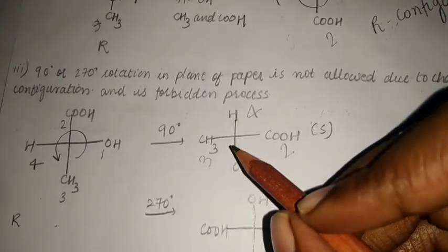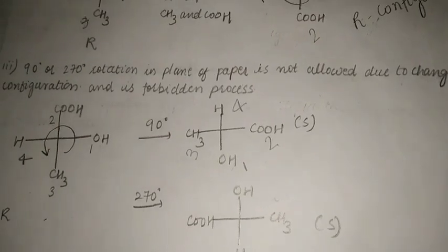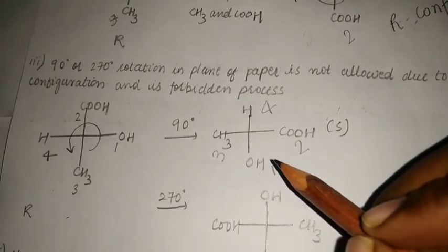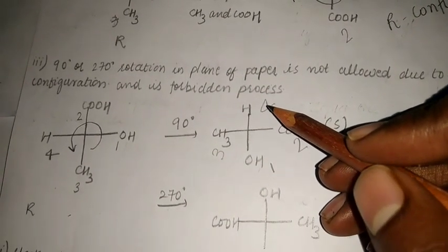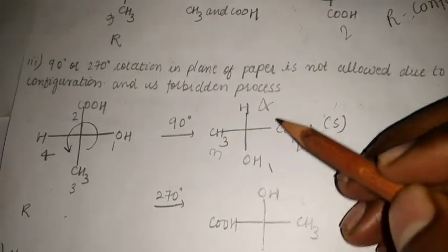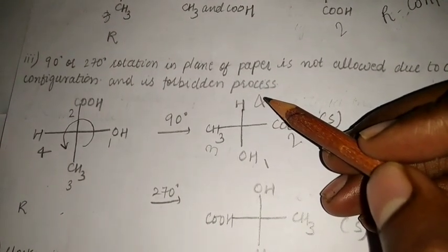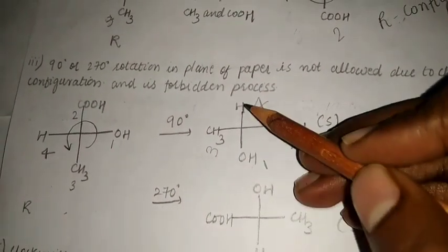Yes, here we can see the entire configuration is being changed. It is rotating in clockwise direction. The hydrogen, the least priority group, has come into the upside down position.